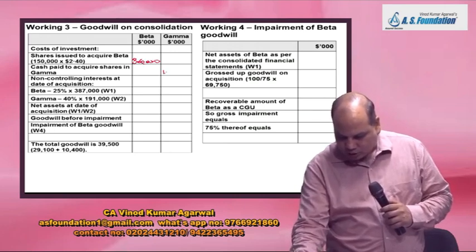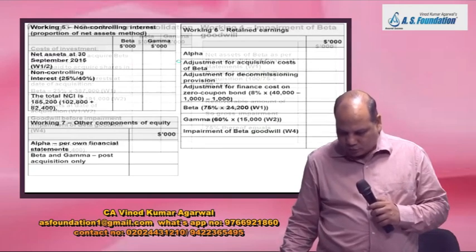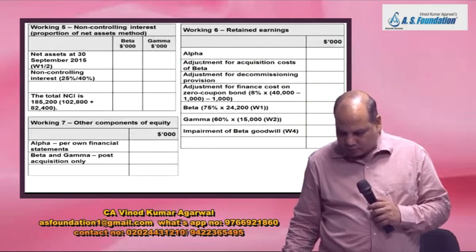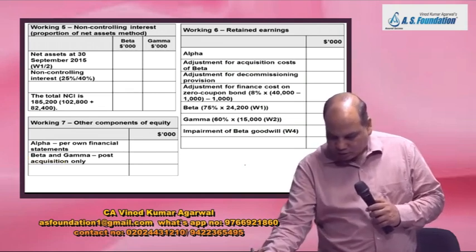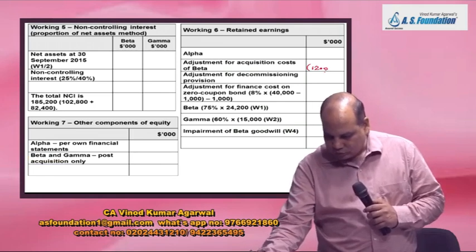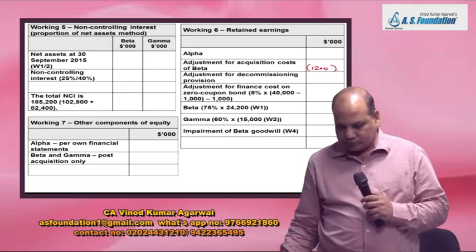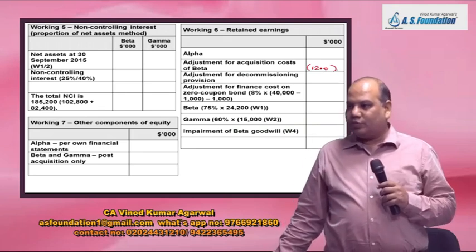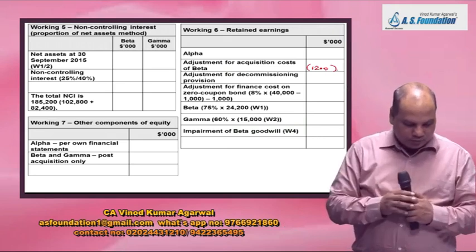Cash paid to Gamma, 1,25,000. And then we also come to retained earning. Adjustment for acquisition cost of Beta, in bracket write 1,200. Okay, up to this is okay? Say yes.